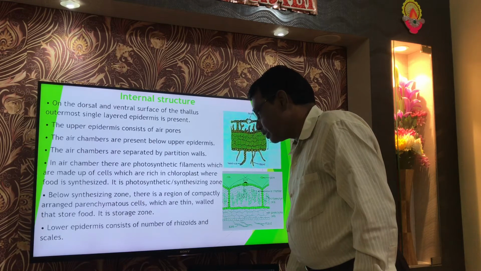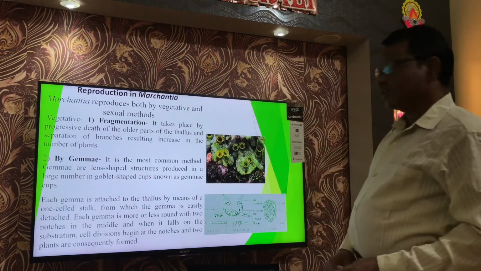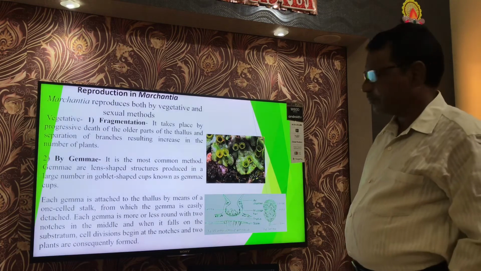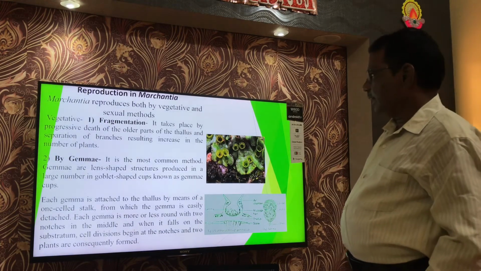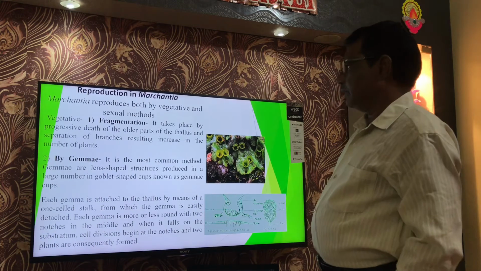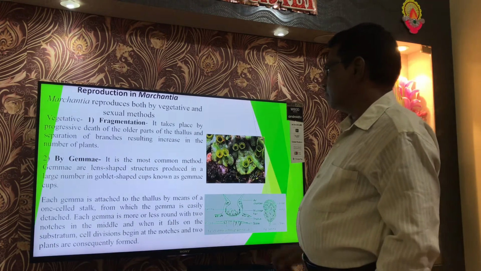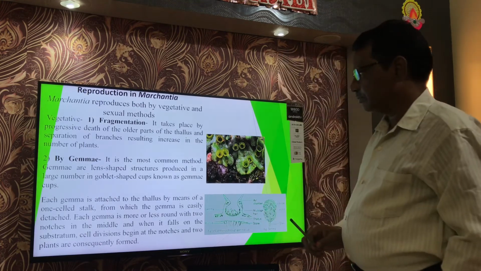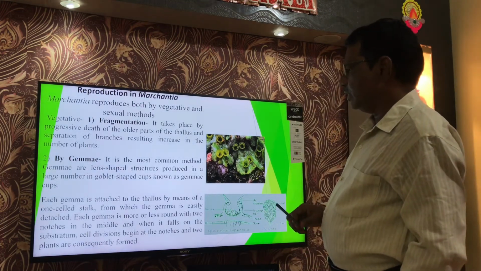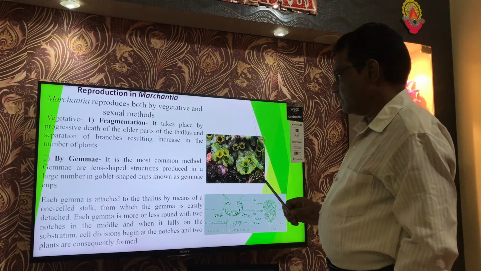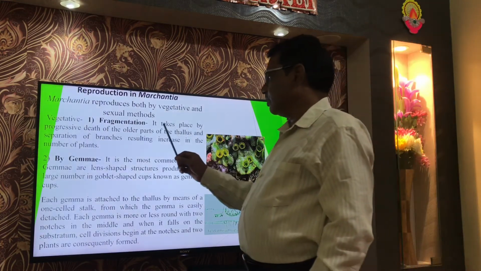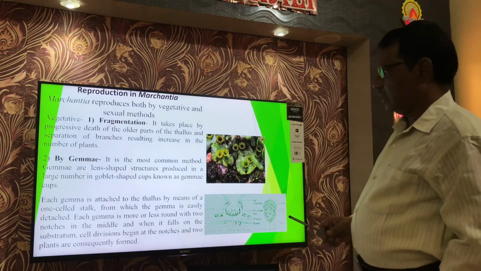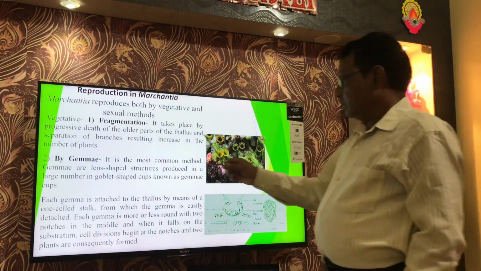Then the next important point is reproduction in Marchantia. This bryophytic liverwort Marchantia reproduces by both vegetative and sexual methods. Vegetative reproduction takes place in two different ways, one is fragmentation and the second is by gemmae.